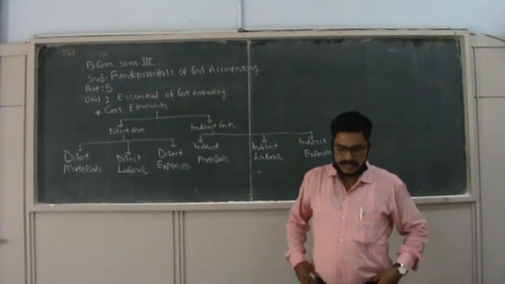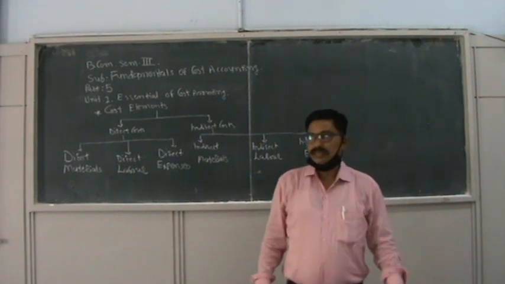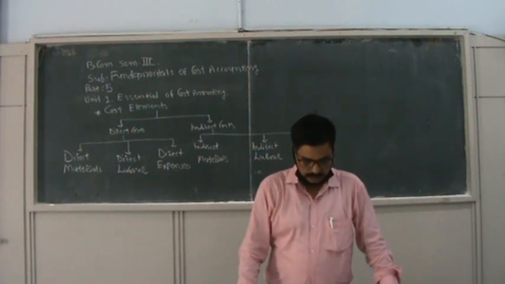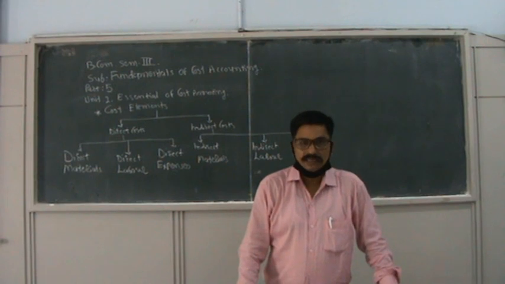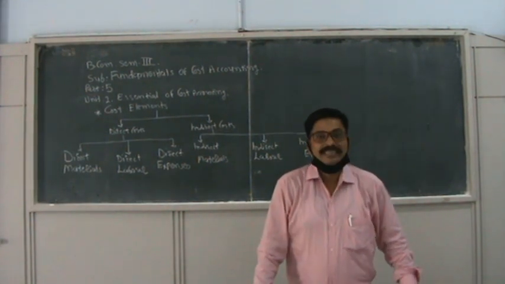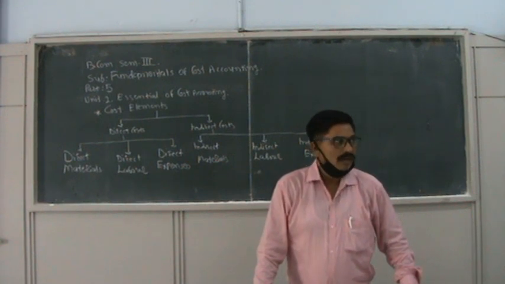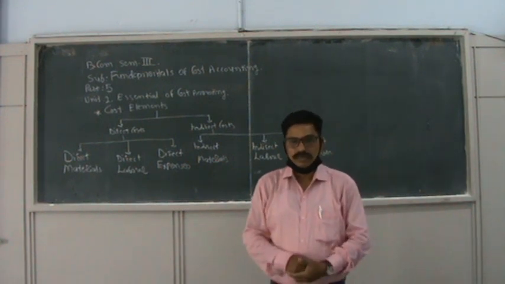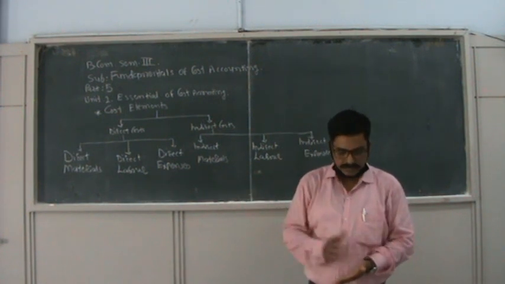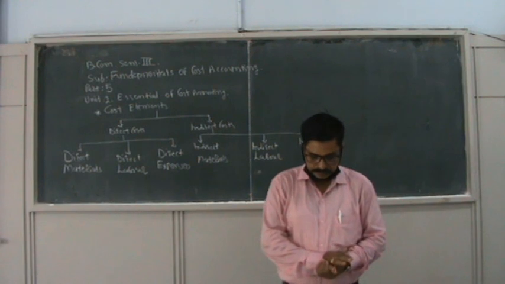In the same way, steel in machines. Without steel, it is not possible to produce machines. So steel is the direct material in a machine making company. Cloth in garments. Without cloth, it is not possible to produce ready-made garments. So cloth is a direct material.